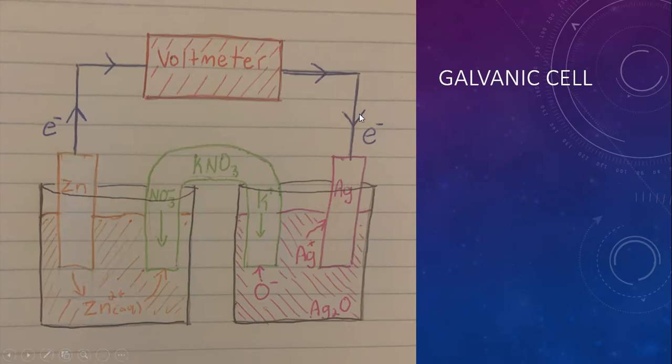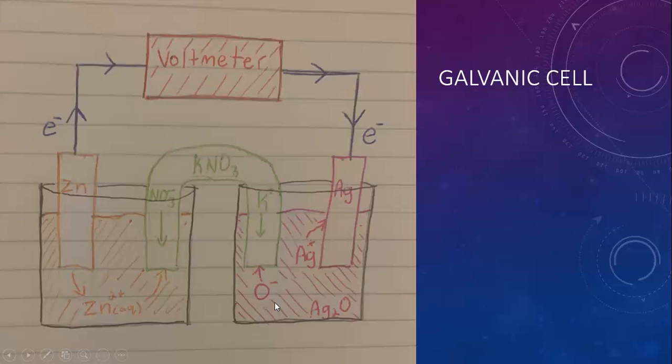Then the electrons will go into the silver here, and the silver ions in this solution will go into the solid, and this is what creates the positive charge for the solid here, and this is why the electrons will go through.